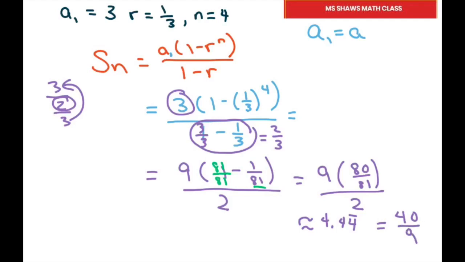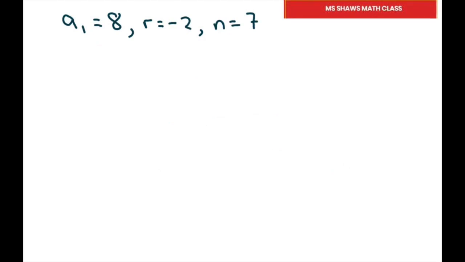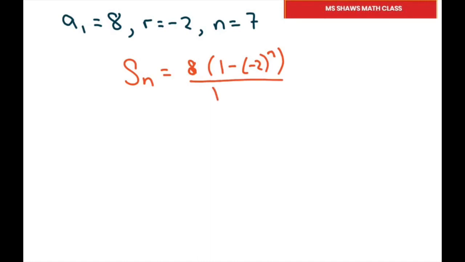Alright, now the next one is basically the same thing, so we just plug in our formula. Your first term is 8 times 1 minus negative 2 to the 7th, and then 1 minus a negative 2. Okay, so negative 2 to the 7th, let's just do 2 to the 7th, equals 128.